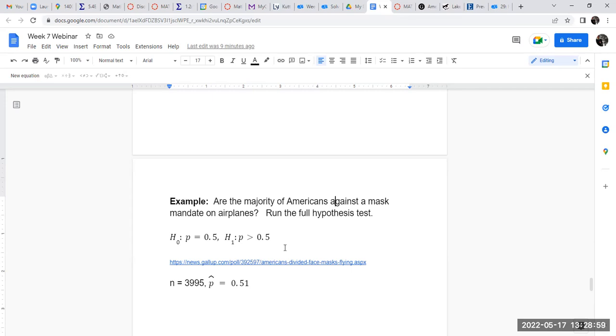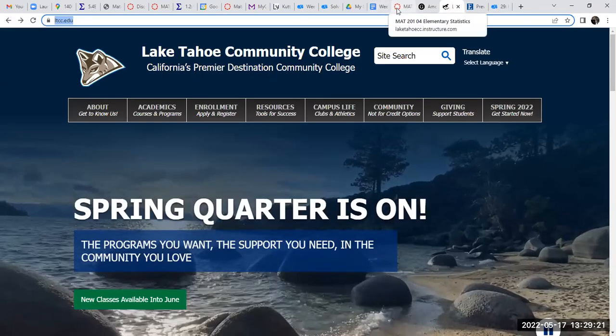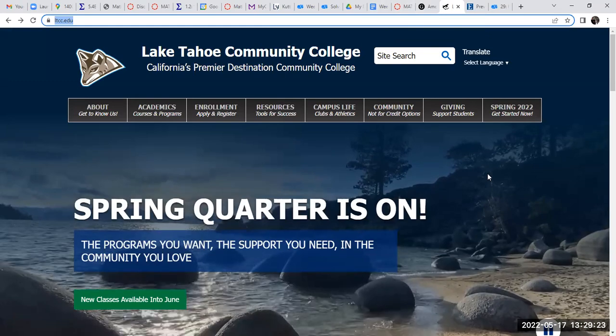A good thing is that the library at Lake Tahoe Community College has free access to a huge collection of peer-reviewed journal articles. This is to get you ready for upper division, because you have to read peer-reviewed journal articles. Let me show you. That's where I am right now.